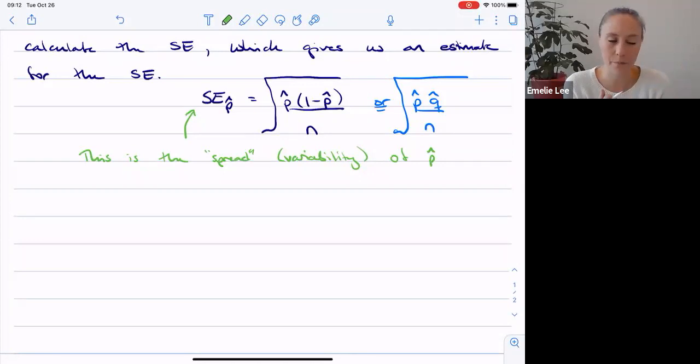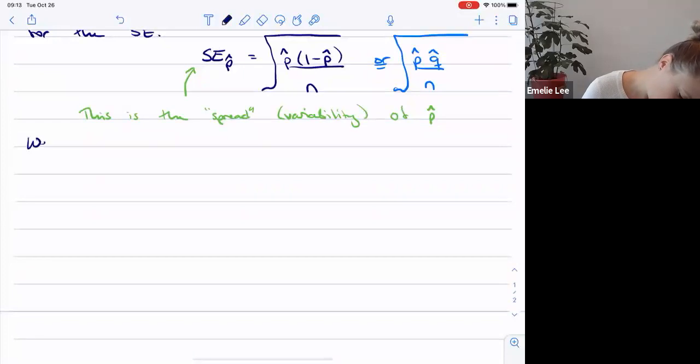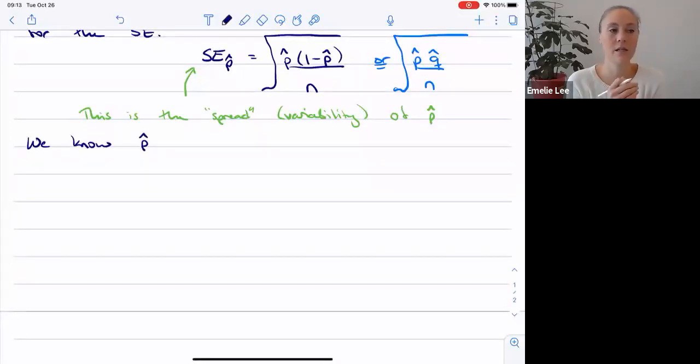Or yeah, but we know, or we hope that it's going to be close, right? And so we know p hat will have some error, so it's going to be a little bit different, an error amount different from the population proportion.